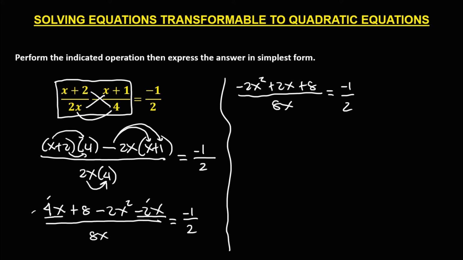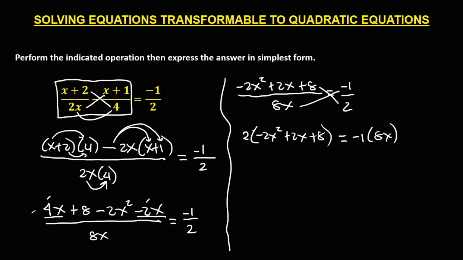Then apply cross multiplication. So multiply negative 2x squared plus 2x plus 8 times 2, equals 8x times negative 1, so negative 1 times 8x.